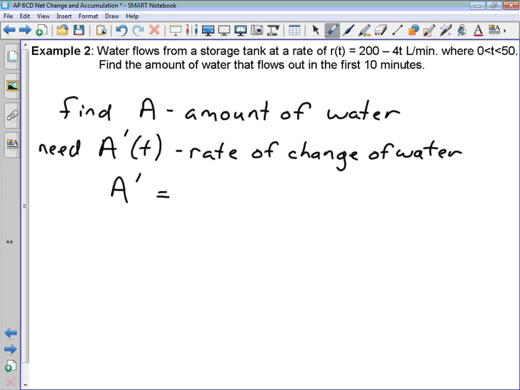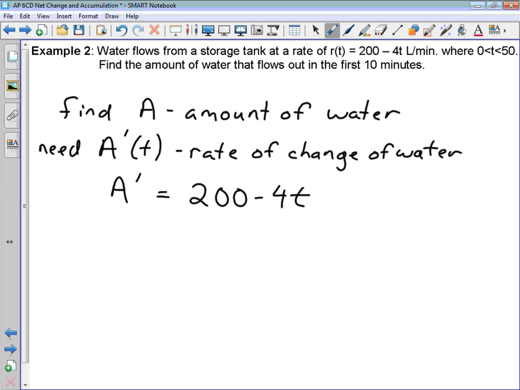Well, they tell it to us in this question. We want the rate at which it's flowing out of the tank. So our rate here is going to be 200 minus 4t. It's given to us by this function here.